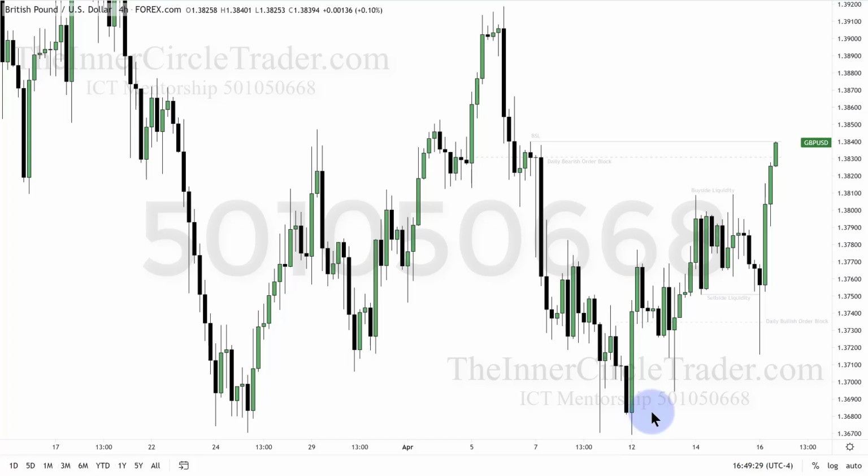I don't care. The very next day, we have the market eventually working its way lower, trading down into this low, which is exactly the midpoint of this candle here, which is mean threshold. Down close candle prior to a run up. When the market is bullish, that is a bullish order block.